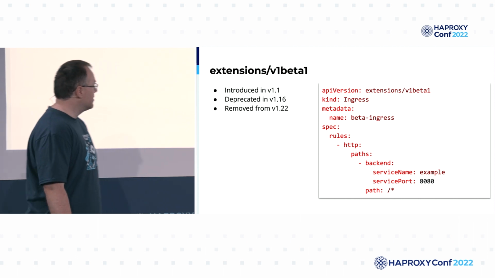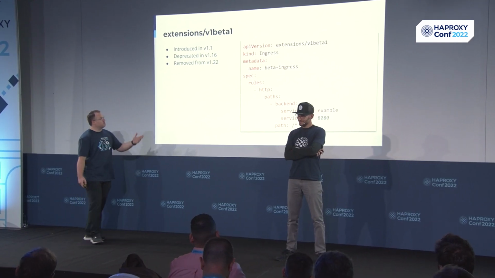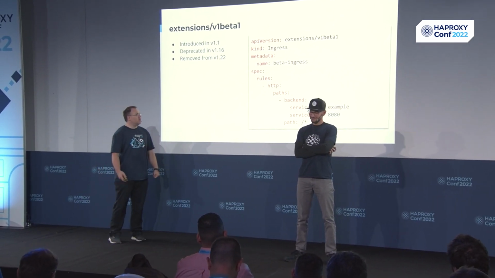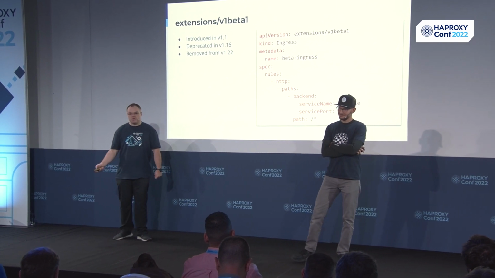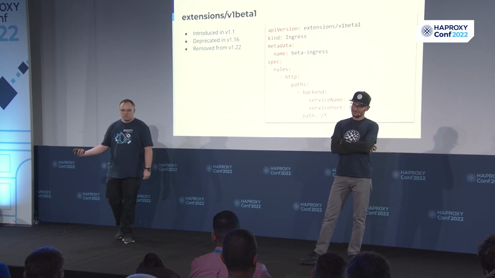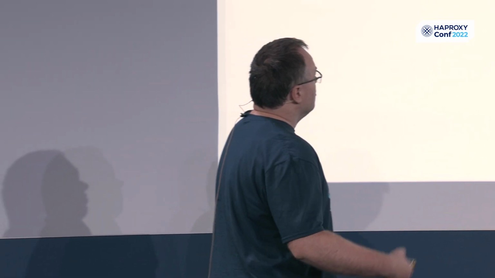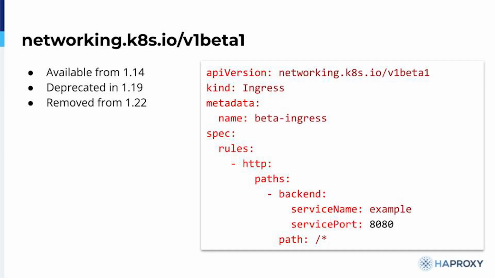As time passed, a lot of objects got removed from the extensions group. So at one point only Ingress remained. So the networking group from Kubernetes decided to move that to a networking working group. And with that change, users, of course, were required to make some minor changes.